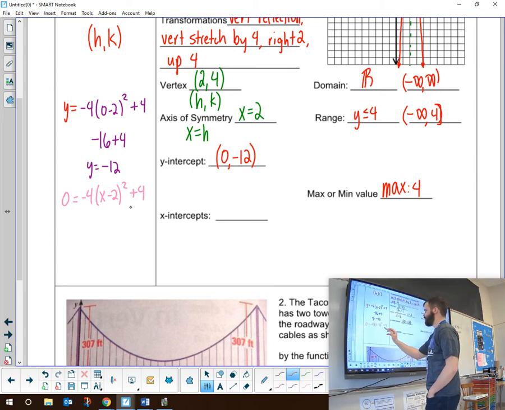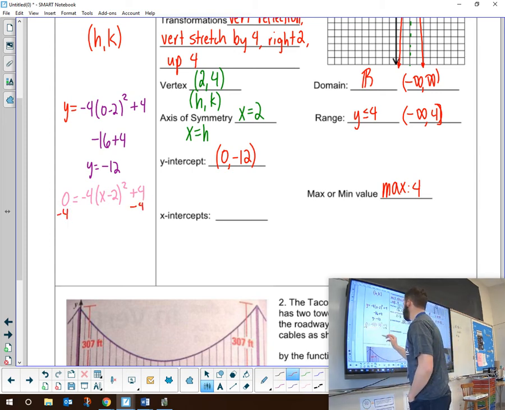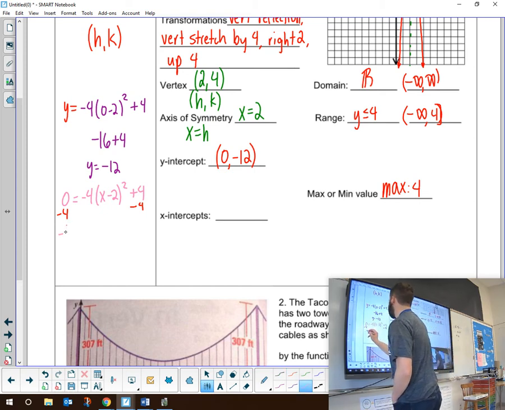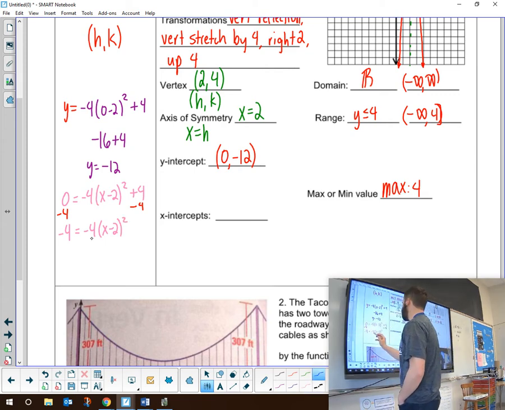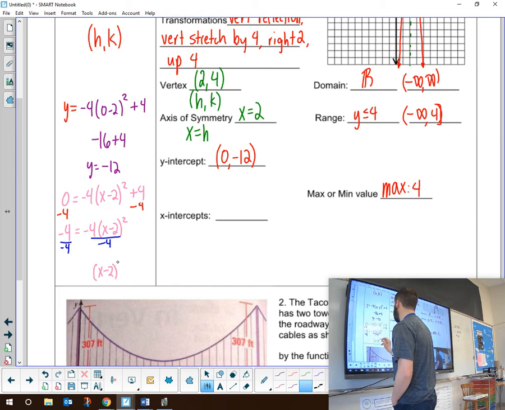We just solve. We're going to minus 4 from both sides. We're going to get negative 4 equals negative 4 times x minus 2 squared. Divide both sides by negative 4. And so we're going to get x minus 2 squared equals 1.